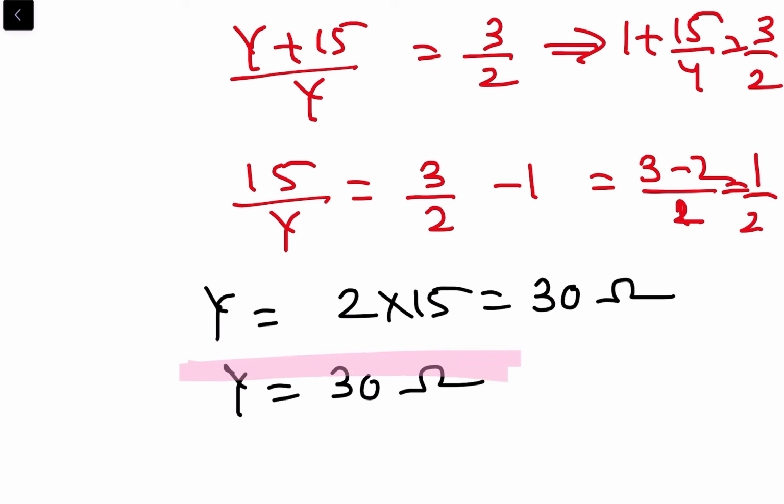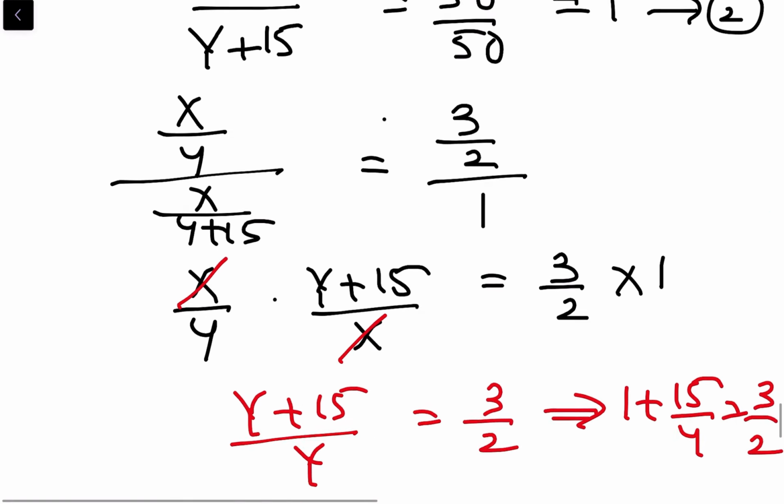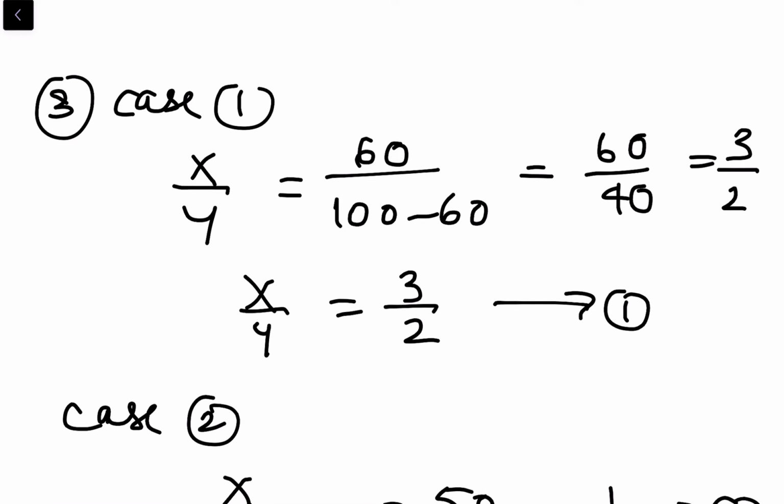So this is one value we got here, and we also need x value. So for that you can go to equation 1. X by y is equal to 3 by 2.